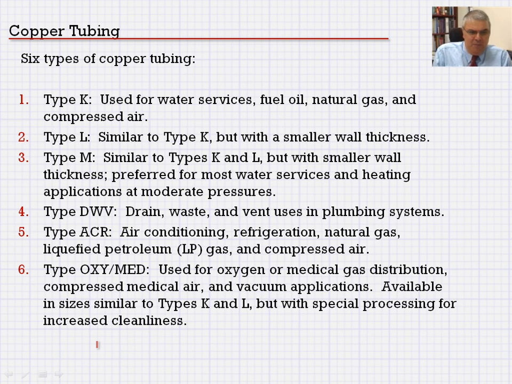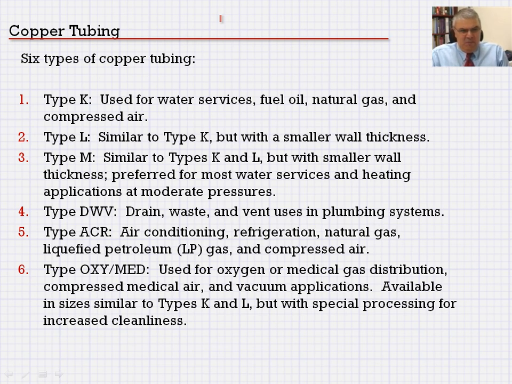They are also used in medical devices where compressed medical air is needed, and in vacuum applications. They are available in sizes similar to type K and L, but special processing is needed because they've got to be really clean and applied to people with special needs, people that need their lifeline.